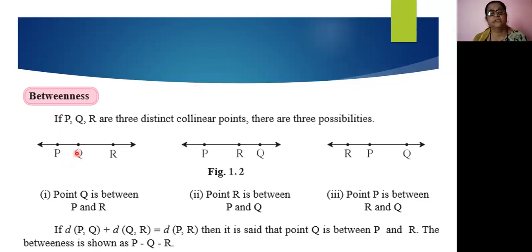See here, P, Q, R are collinear points, and Q is in between P and R. Like that, R can be in between P and Q, and P can be in between R and Q. We will study the distances of these points: distance PQ plus distance QR is equal to distance PR. Therefore, Q is in between P and R.